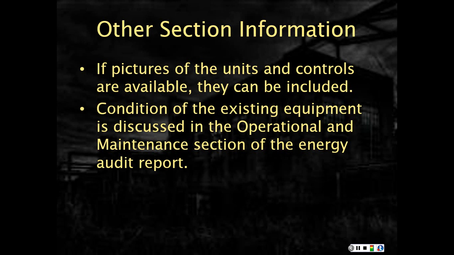Other section information. If pictures of the units and controllers are available, they can be included. It's the old adage, pictures speak 1,000 words. In all the sections of the document, feel free to put pictures in. The condition of the existing equipment is discussed in the operational and maintenance section of the energy audit report.